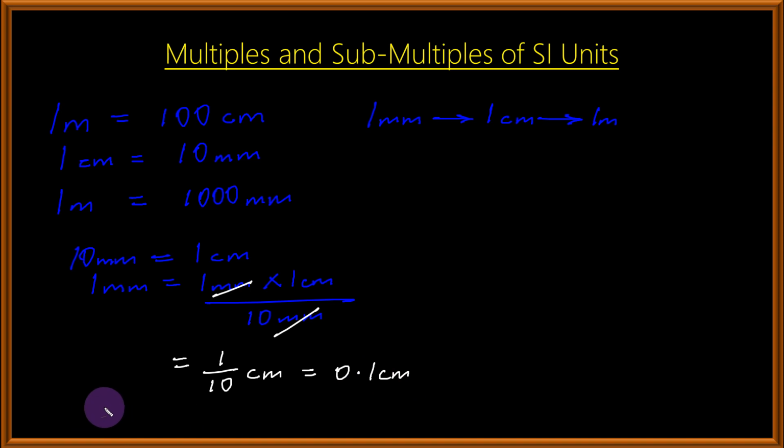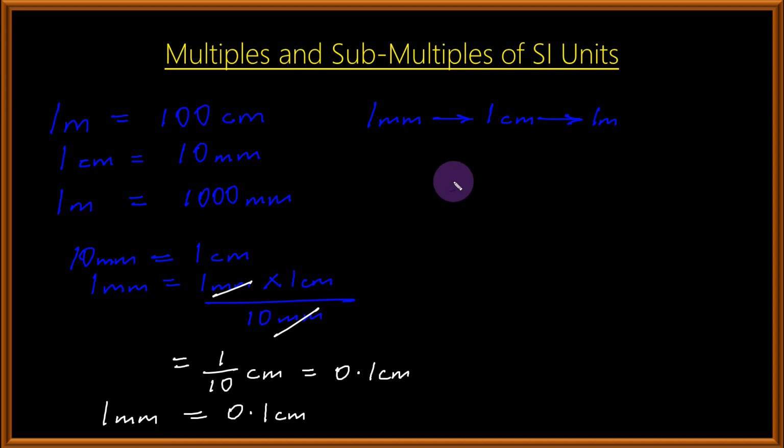In other words, 1 millimeter is equal to 0.1 centimeters. So it is not enough to know that 10 millimeters is equal to 1 centimeter. You can be asked, how many centimeters are in 1 millimeter?